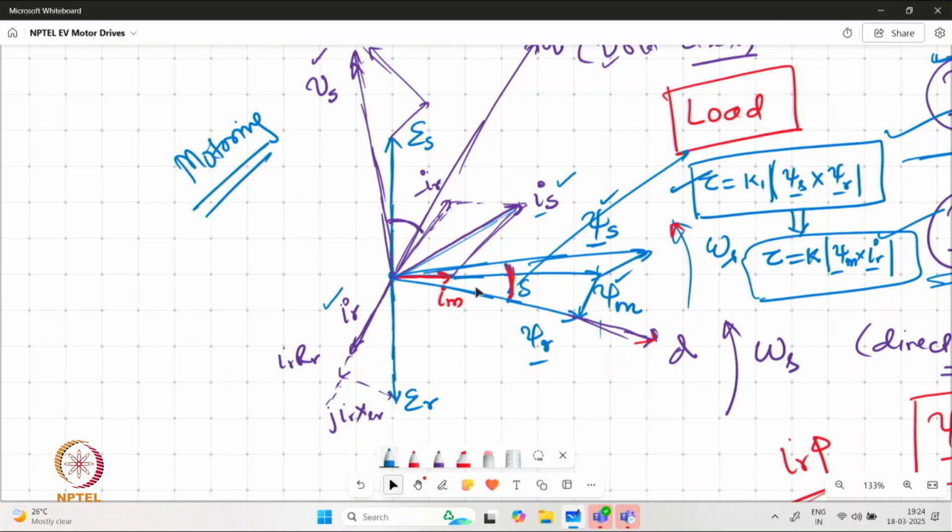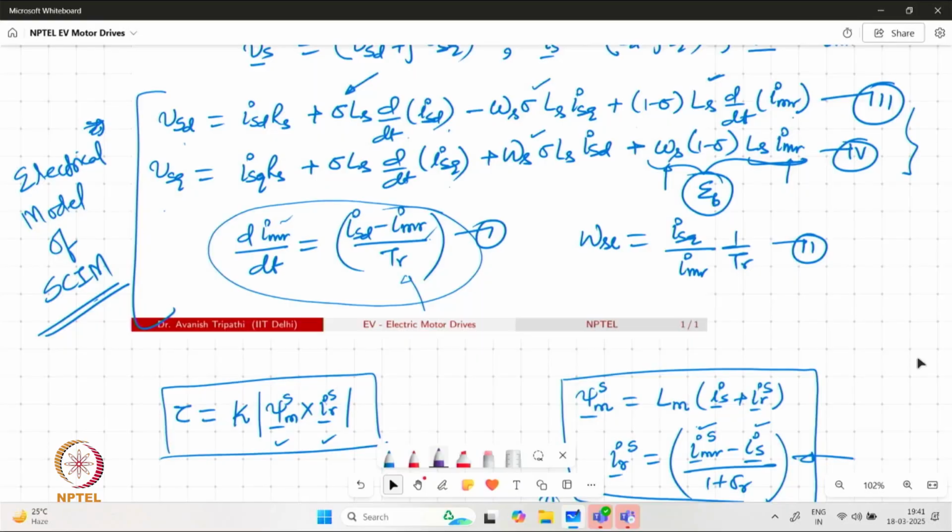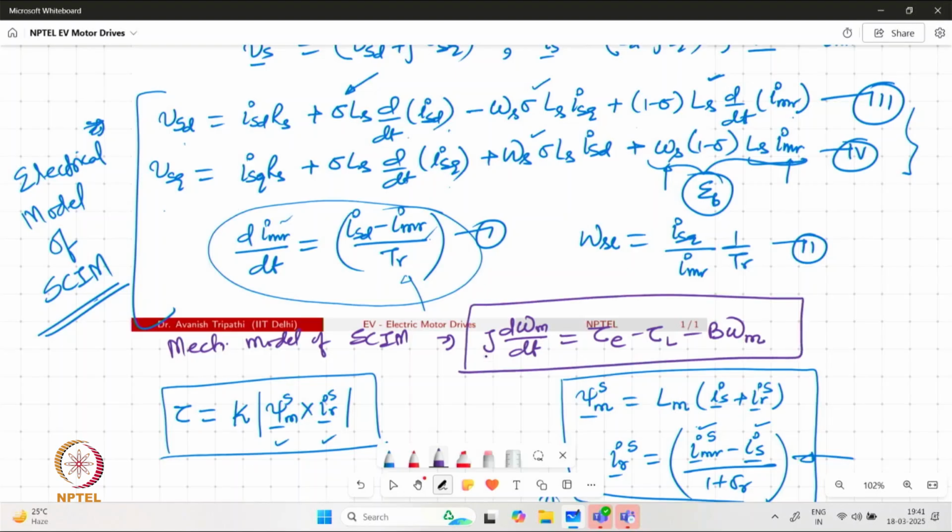Now moving ahead, we can add the fifth equation to the model which corresponds to the mechanical model of SEIM. And this again can be written very similar to what we had for the DC motor or the permanent magnet synchronous motor. Where J is the moment of inertia, omega m is the mechanical speed in mechanical radian per second.